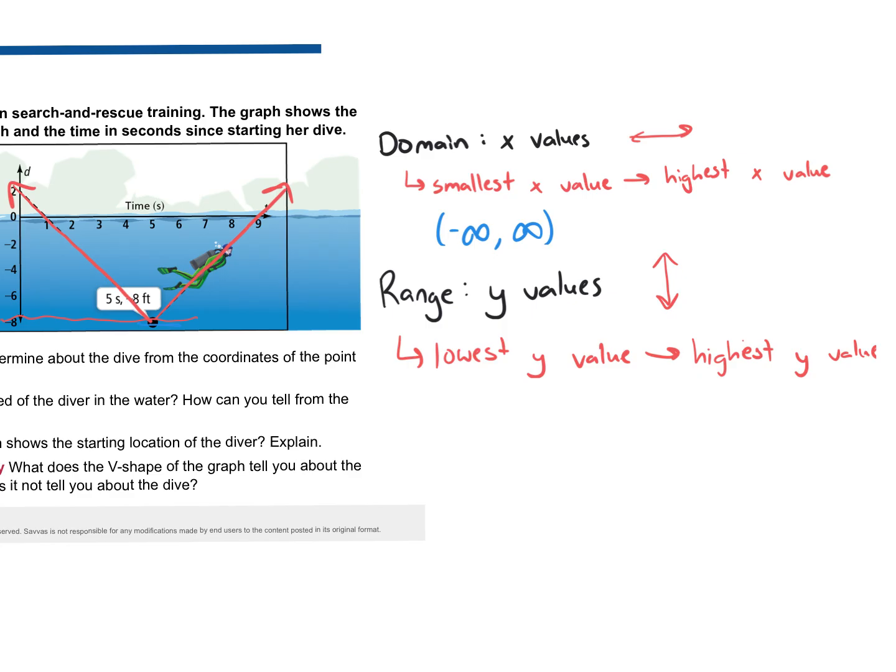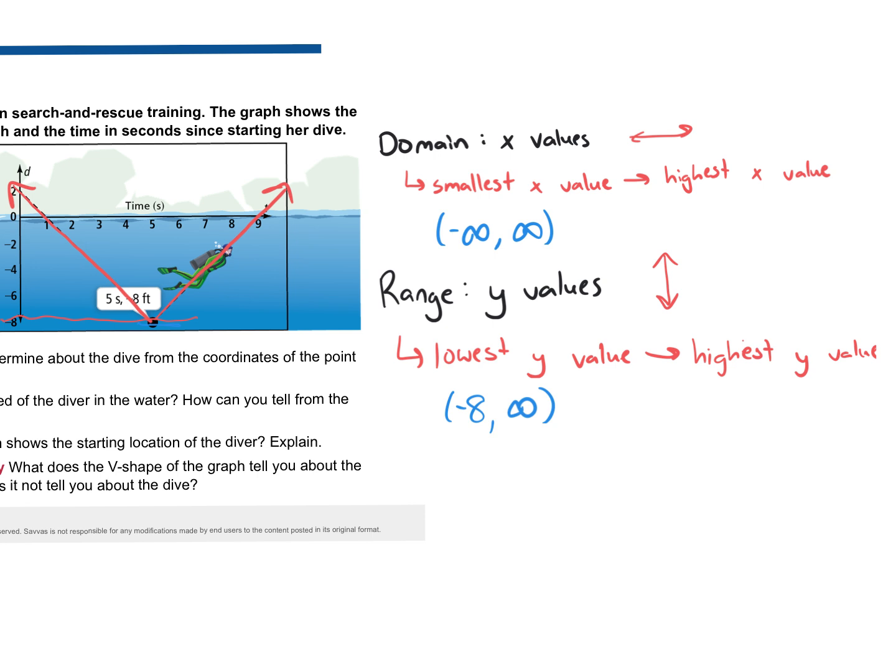So our Y value here is negative 8. That's our smallest. Now if I keep going up in either direction, do I ever hit a stopping point? Why are you shaking your head no, Gracie? Because there's an arrow, right? Do you agree this is going to keep going up also? So we never hit a highest Y value, so this goes to infinity.